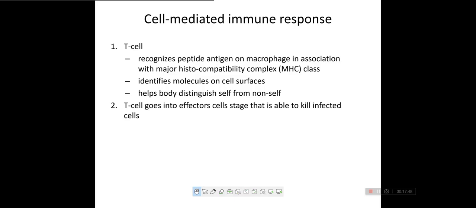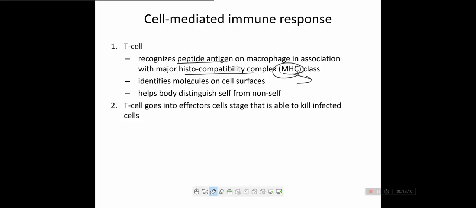Now, cell mediated immune response. Cell mediated immune response is mediated by T cells, right? So what happened? T cells recognize peptide antigen on macrophages in association with major histocompatibility complex, that is MHC.